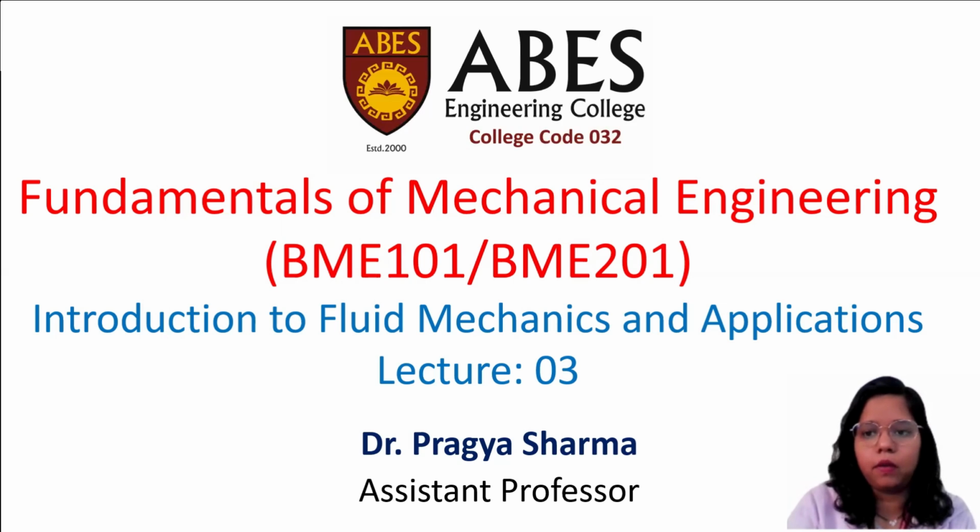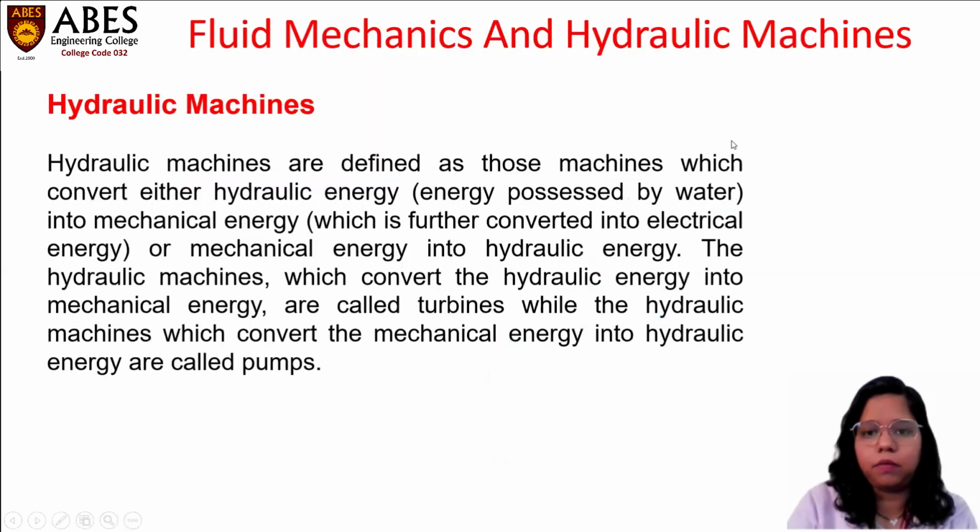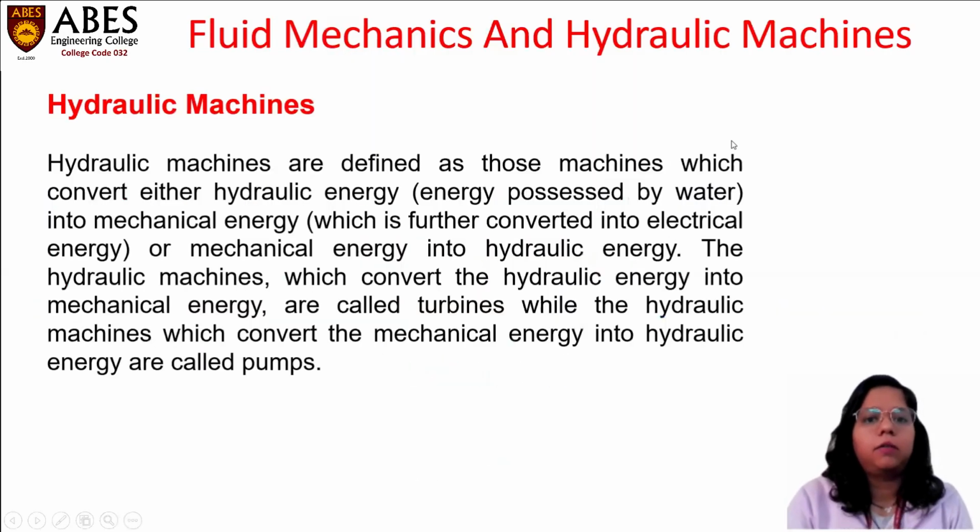So, first we will start with hydraulic machines. What are hydraulic machines? Hydraulic machines are defined as those machines which convert either hydraulic energy, which is energy possessed by water, into mechanical energy, which is further converted into electrical energy, or these machines can convert mechanical energy into hydraulic energy.